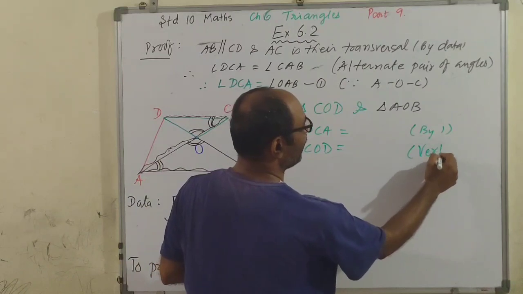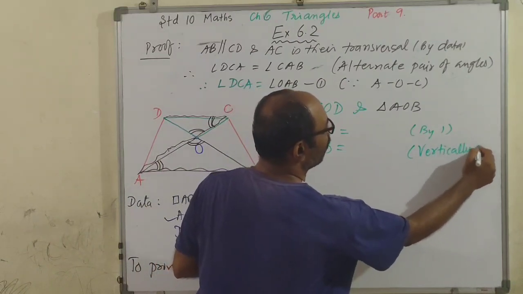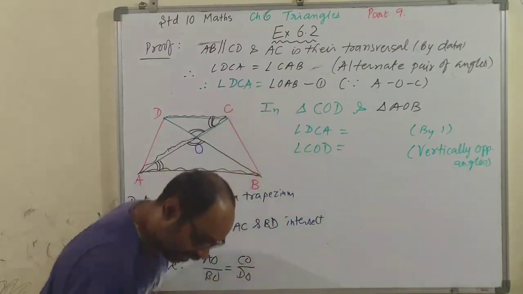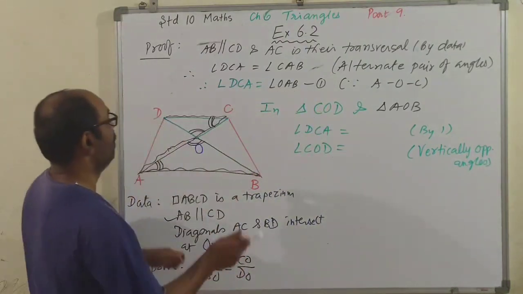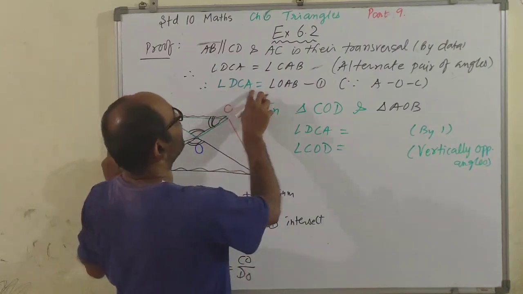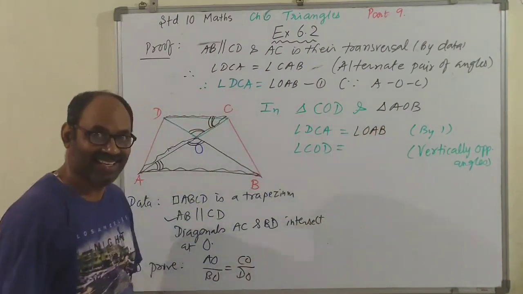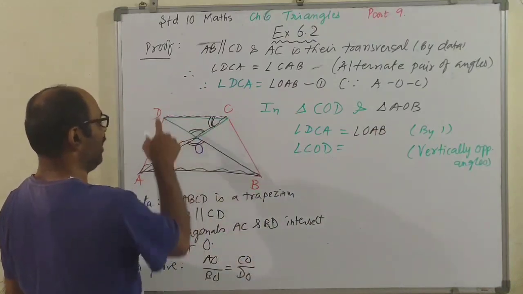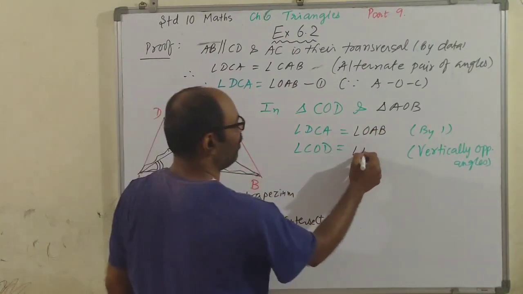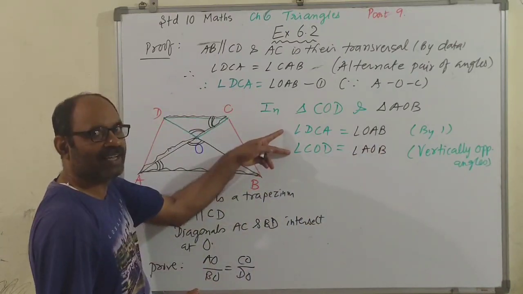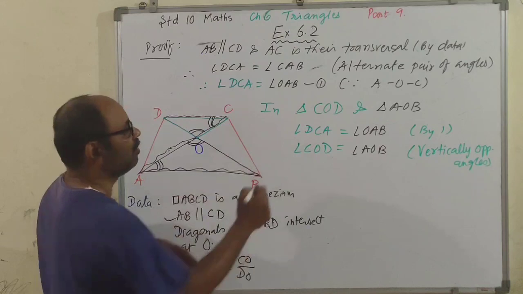Reason? Vertically opposite angles. Correct? Now I'll use the black pen. DCA is equal to angle OAB. Correct? Angle COD is equal to angle AOB. Right? Finished. Two angles, corresponding angles, are congruent, equal.